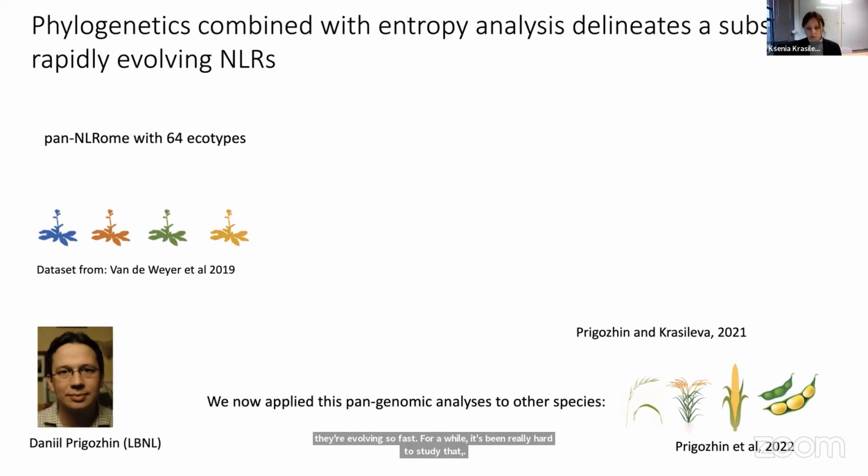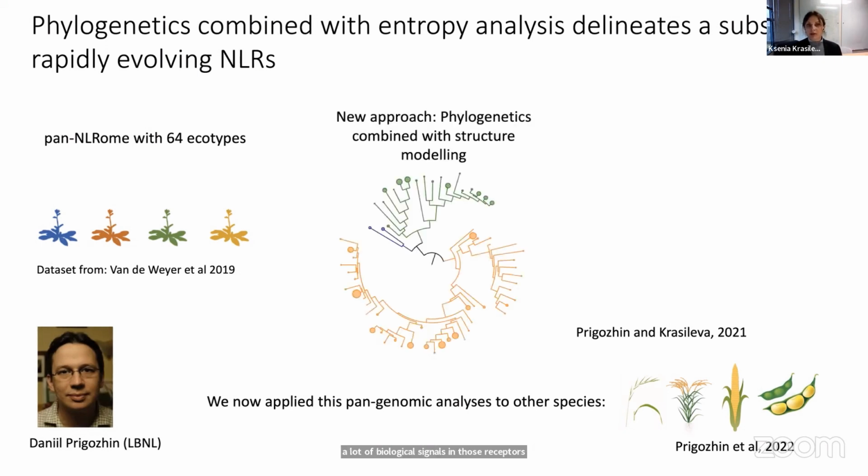What we've done is come up with several new tools for robust analysis that allow us to detect a lot of biological signals in those receptors. We've built phylogenetics combined with structural modeling to examine pan-genome diversity in these immune receptors, which is not dependent on any particular reference strain.